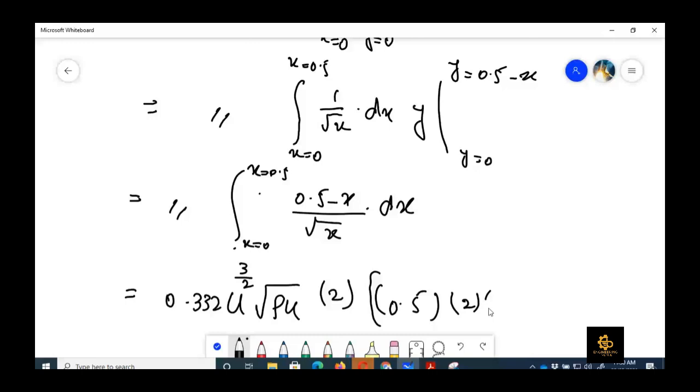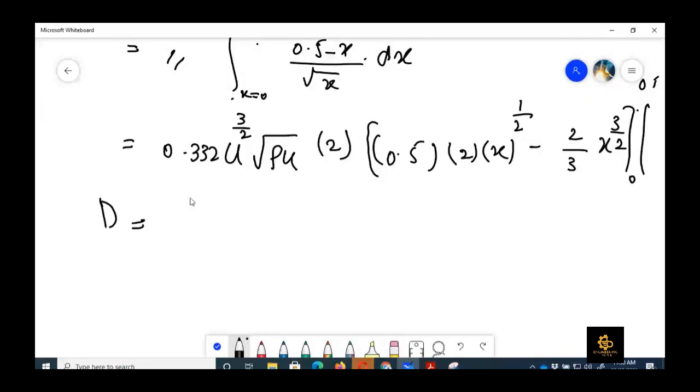Minus 2 by 3 x to the power 3 by 2, and then put these two limits from 0 to 0.5, and then the value of shear stress or drag force comes out to be, if we put these values, and rho value we know for the water, that is 999, and then mu value, that is 1.112 into 10 to the power minus 3. If we put these values, then drag becomes equal to 0.0296 Newton.